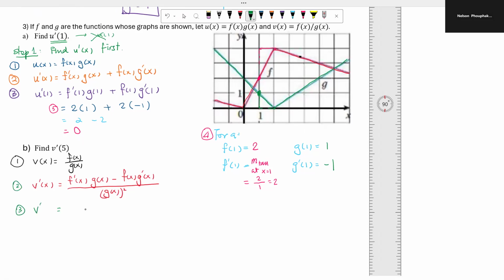Now I would like to find v prime of 5. So f prime of 5, g of 5 minus f of 5, g prime of 5, over g of 5 squared.